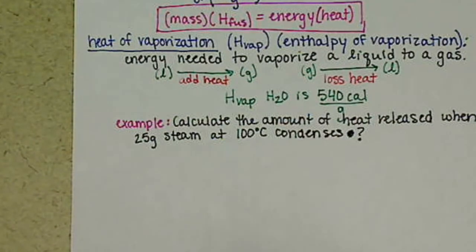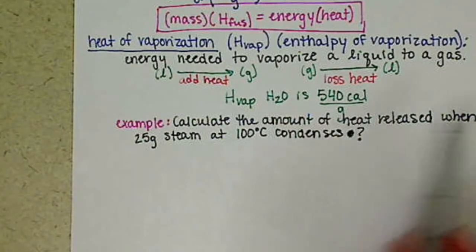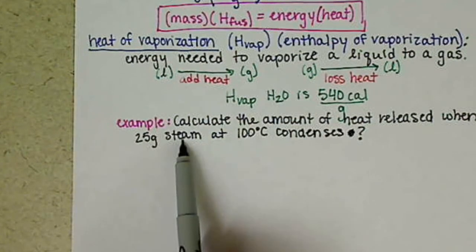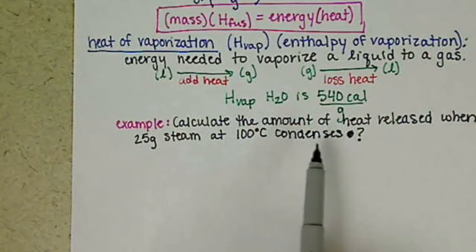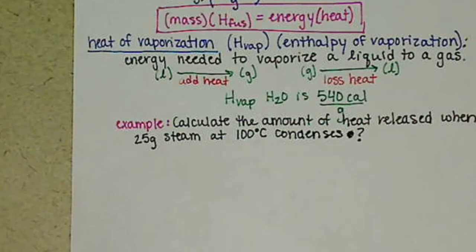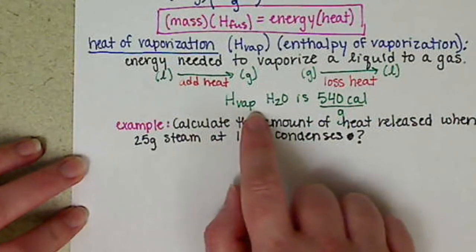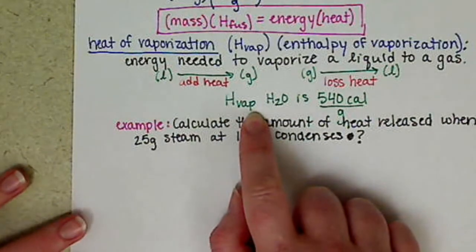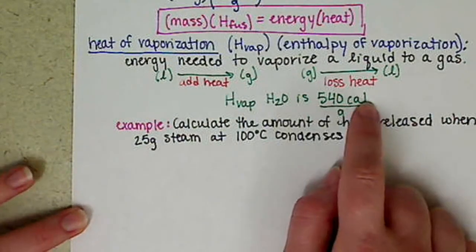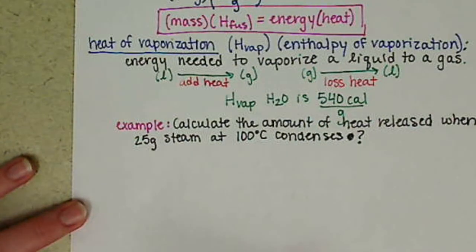So calculate the amount of heat released when 25 grams of steam at 100 degrees Celsius condenses. Again, we know that our heat of vaporization, our enthalpy of vaporization, is 540 calories per gram.